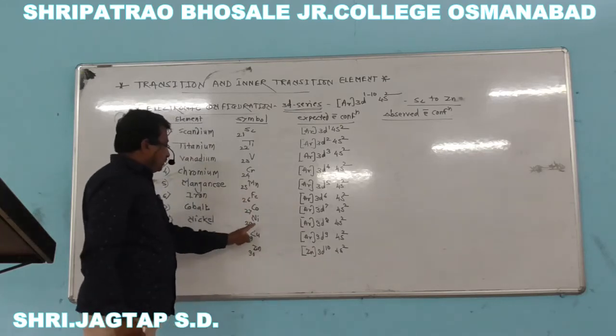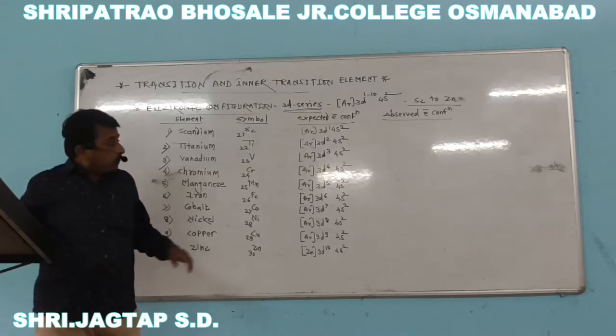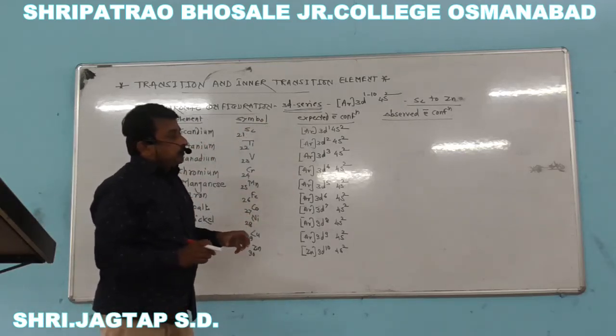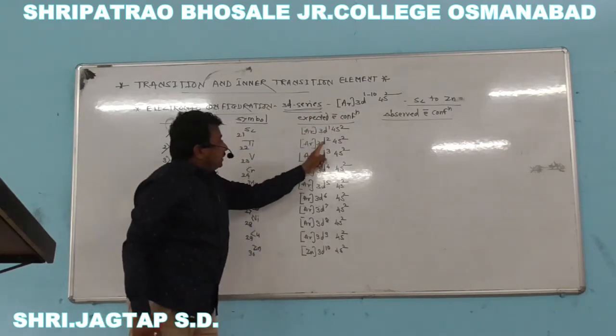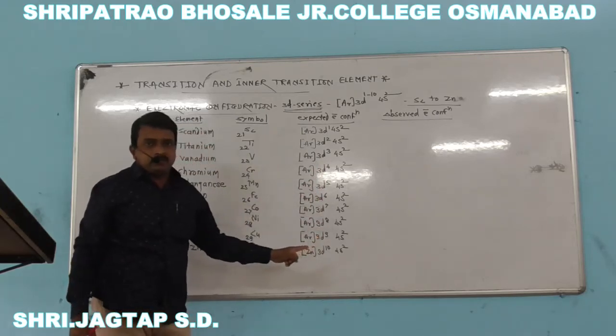That is, the n-1 d orbital is successively filled in each element.